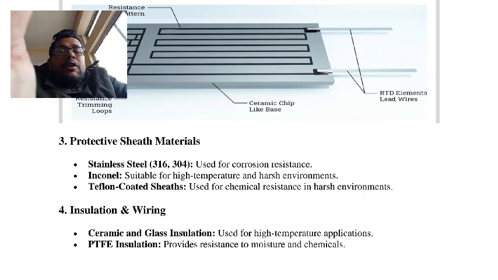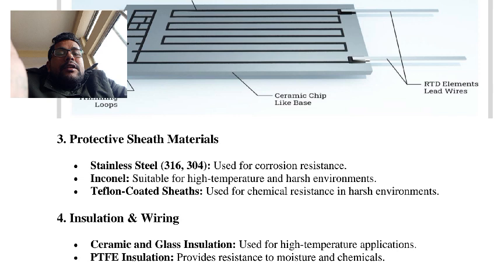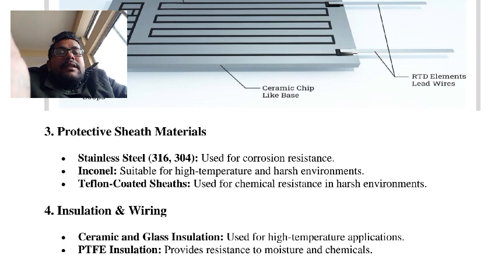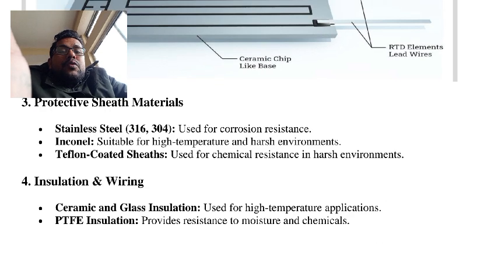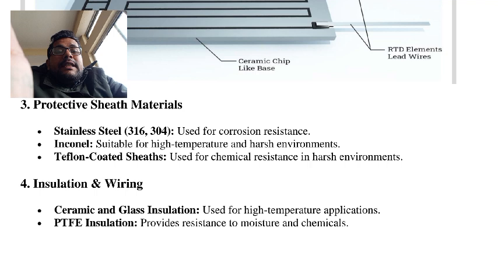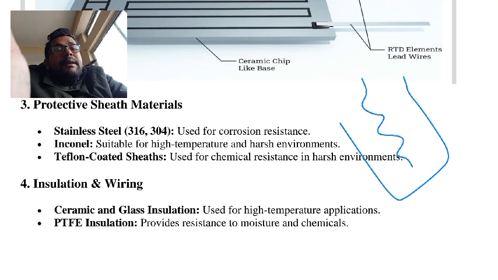Which material can we use for the protection sheath? We can use stainless steel 316 and 304. These are used for corrosion resistance. In many industries, if we put the RTD directly in corrosive materials, the platinum can react and its output may change.